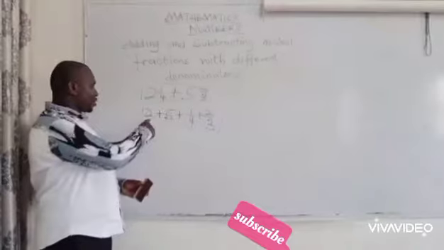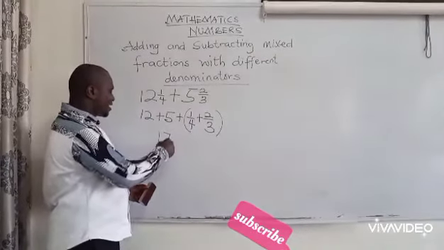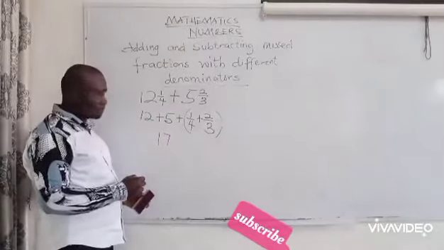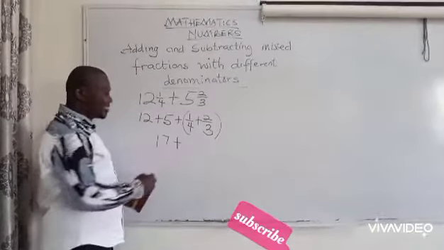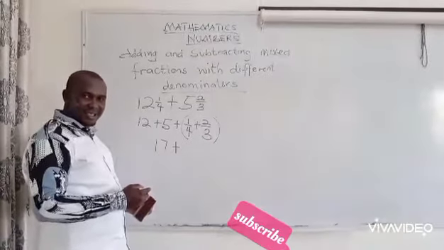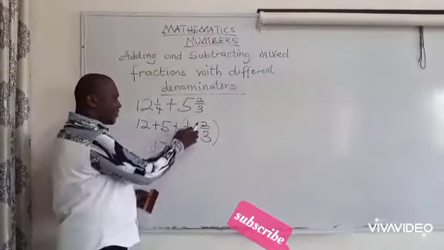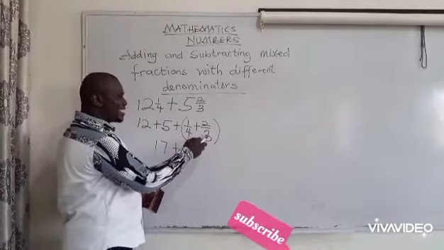So we have 12 plus 5 giving us 17 plus, now in addition of fraction, again we multiply the first fraction by the second denominator.